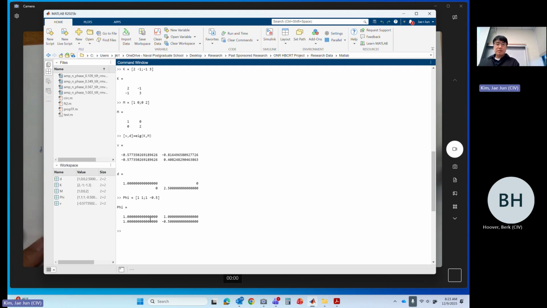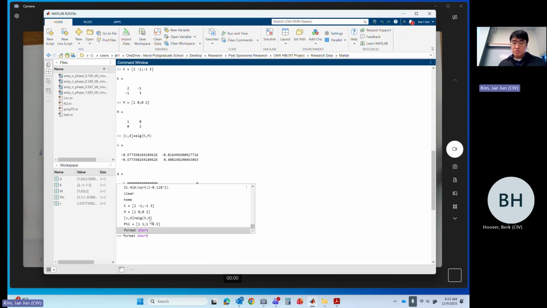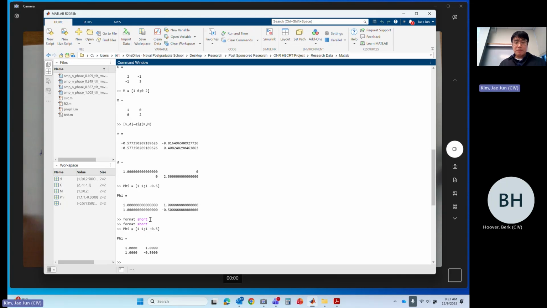Okay, so this is our P matrix. 1, 1, that's the first mode shape. The second mode shape was 1, minus half. Right?